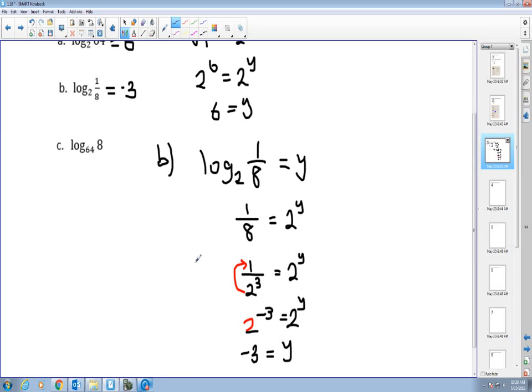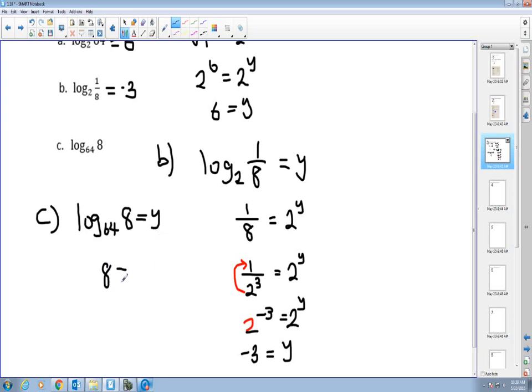Okay. Alright, let's try part C. Log with the base 64 of 8. Alright, same idea. I'm going to set it equal to y. Bring my base 64 to the other side and put it below the y.